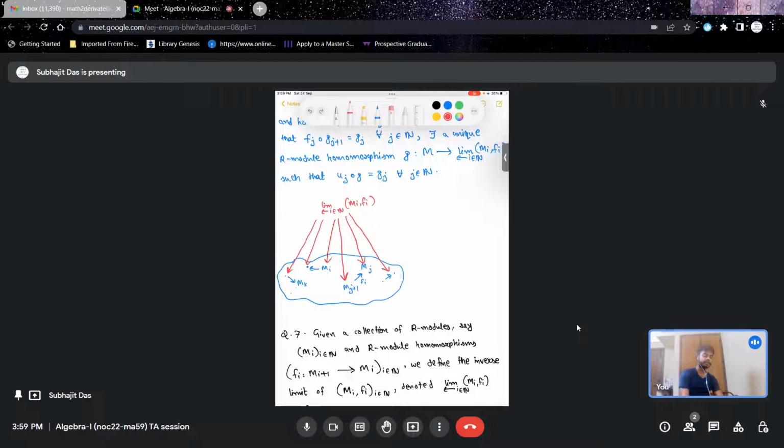These arrows are given, red arrows, such that all the small triangles commute. In particular, you have this triangle, from the limit to Mj plus 1, to Mj via fj, you have this collection of arrows.